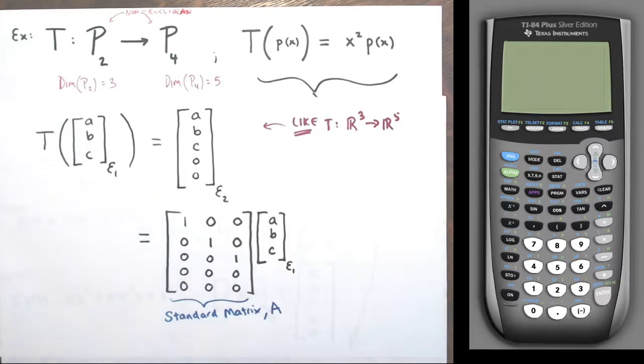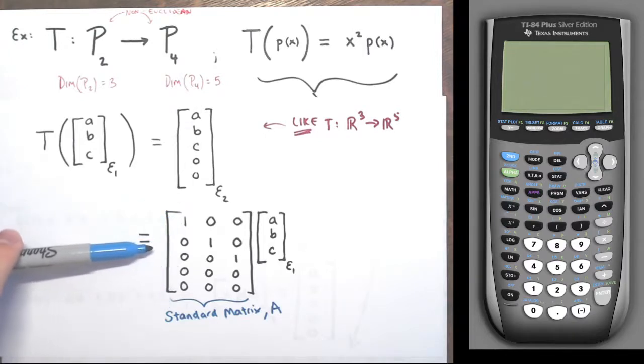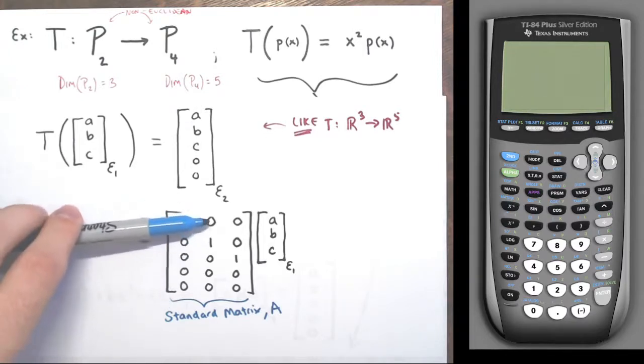And if you look at it, it is already in reduced echelon form. First of all, any rows full of zeros are at the bottom. And in each row, the first non-zero entry is a 1 with zeros above and below it. The second row, first non-zero entry is a 1 with zeros above and below it.